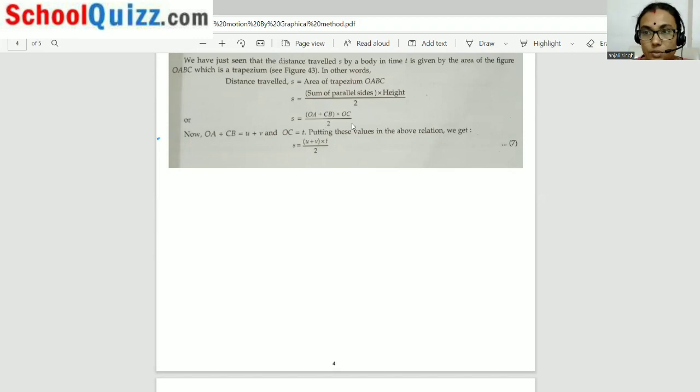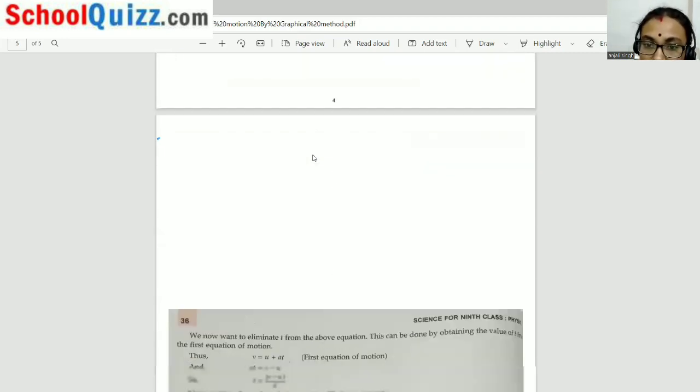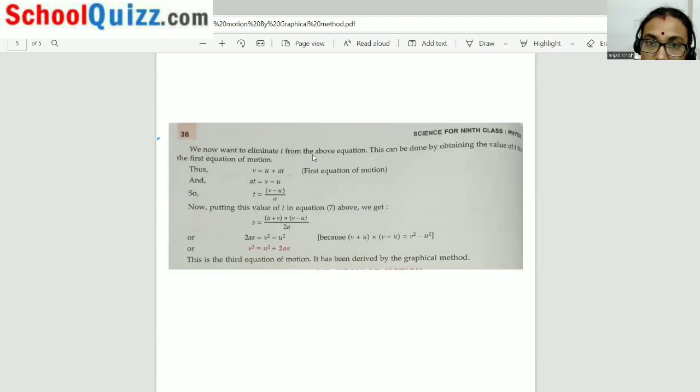So OA plus CB into OC by 2. OA means U, CB means V, OC means T. We put in the values, and here we will replace this T.